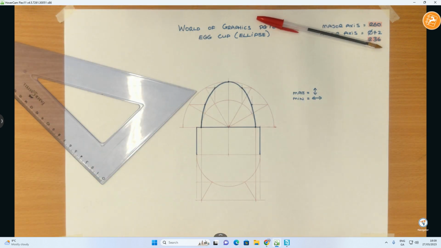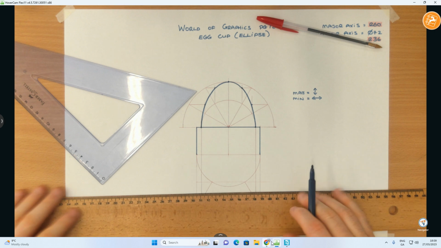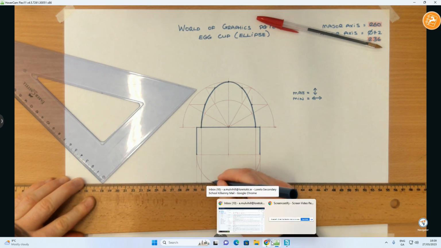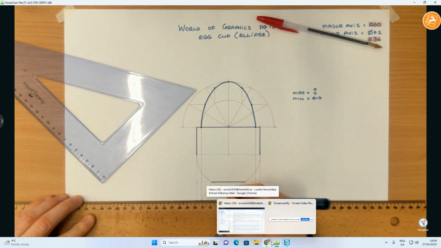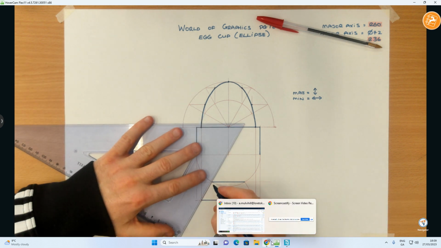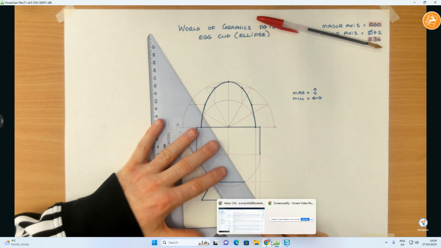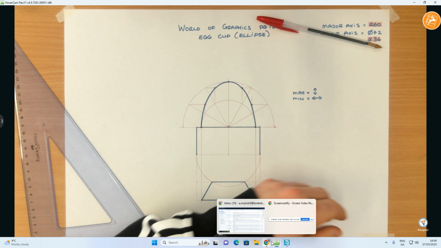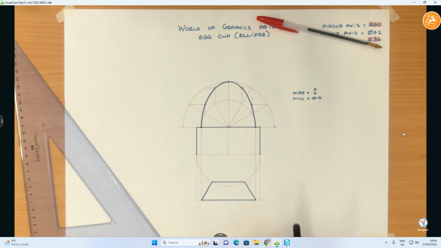And what you want to do then is simply heavy in the rest of the information. So that's that one, and then this one. So I'll heavy in that, then just using the compass to heavy in the arc.